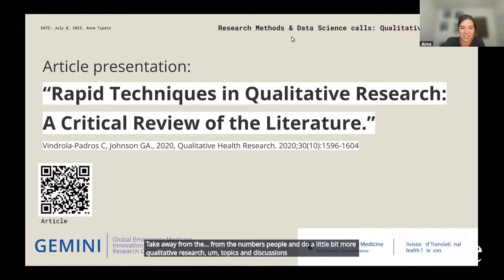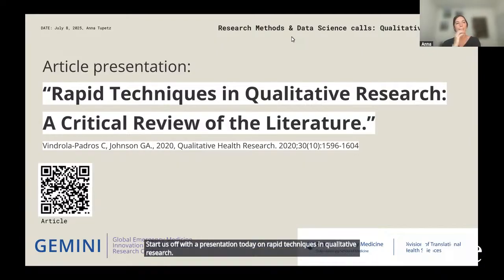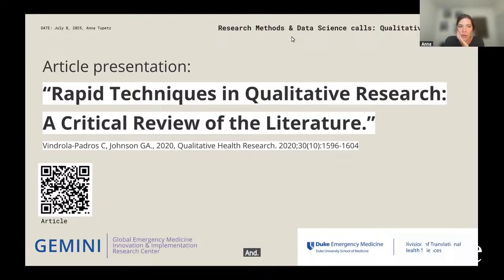So I'm really excited to start us off with a presentation today on rapid techniques in qualitative research. We chose an article that is a critical review of the literature from 2020.